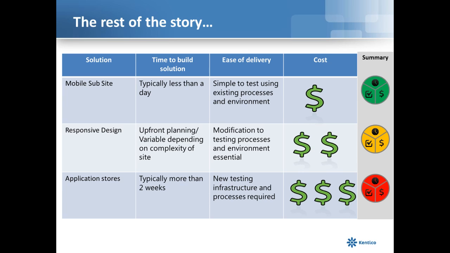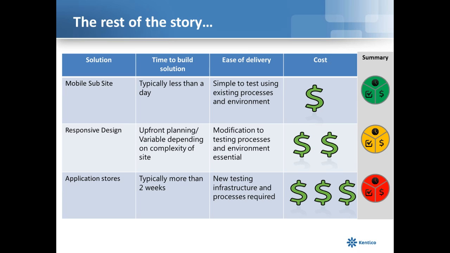You're actually building on top of your existing environment. There is the drawback, though, that you have 2 separate sitemaps. So the cost is relatively simple. It is relatively simple to test because it doesn't require anything new. There's no new processes that have to be there. You have your existing site.